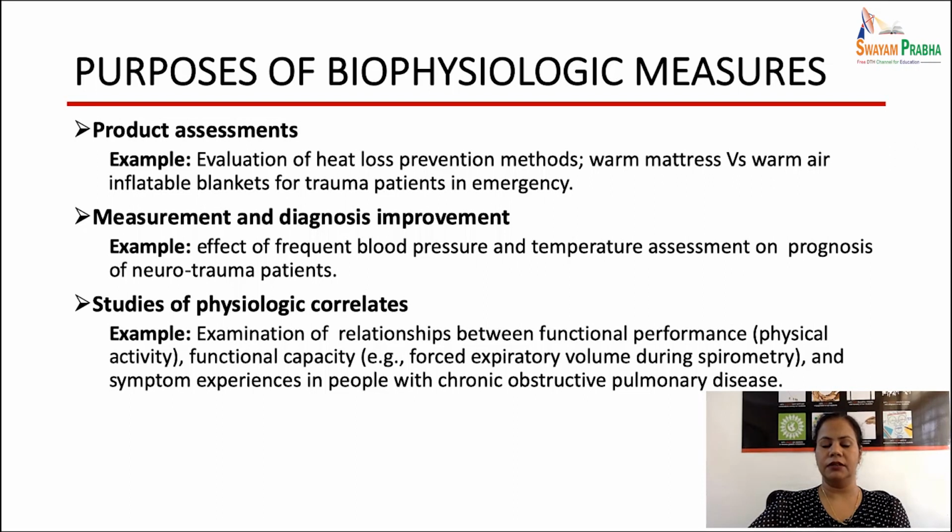For example, in COPD patients, we can examine the relationship between functional performance, the physical activity of the person, their functional capacity, which can be assessed through the forced expiratory volume during spirometry, and the symptom experiences in patients with chronic obstructive pulmonary disease. So how are these biophysiological measurements or variables related to the symptom experiences in these patients? Such types of studies also need biophysiological measurements.